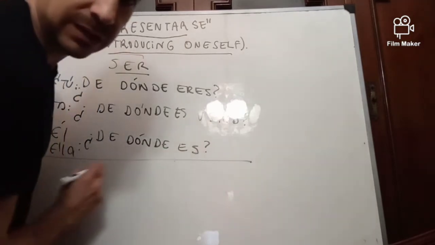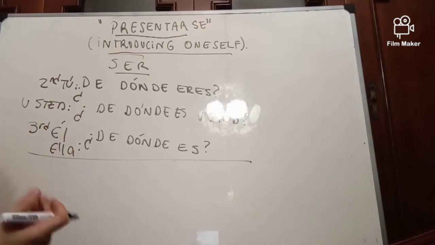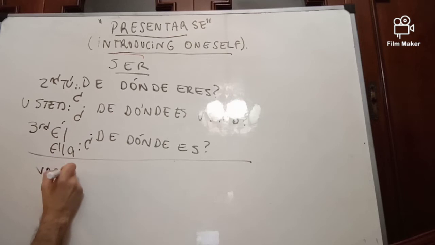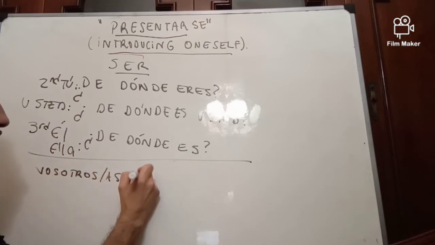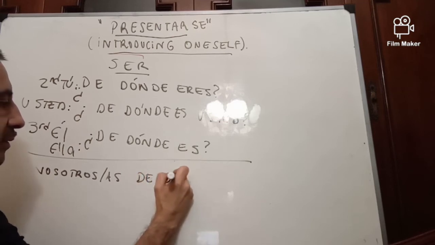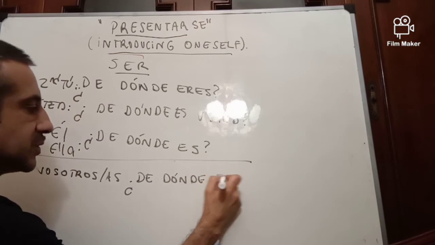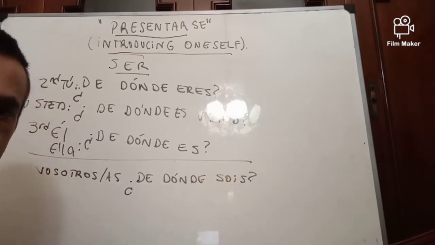And for the plural, again, I'm not going to use the first person here because it's nonsense. Vosotros, vosotras, in Spain: ¿de dónde sois? ¿De dónde sois, vosotros, ¿de dónde sois, vosotras?